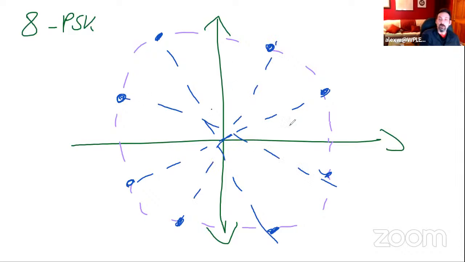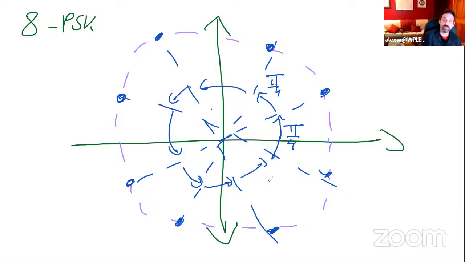So what do we end up getting? 2 pi divided by 8. Pi over 4, right? So each one is separated by pi over 4, 45 degrees. I wish I drew better, but effectively that's what's happening here.